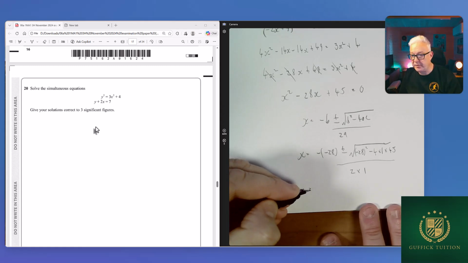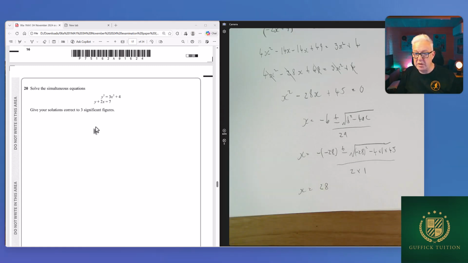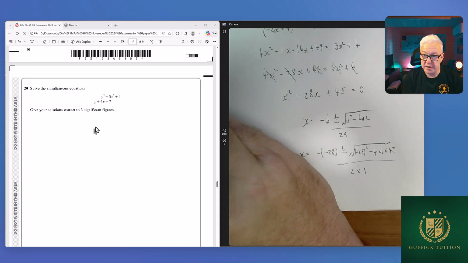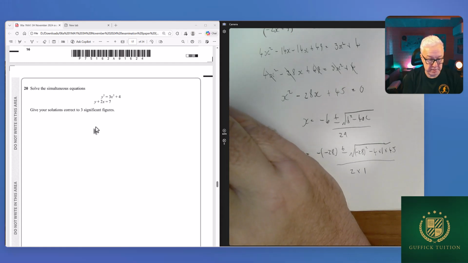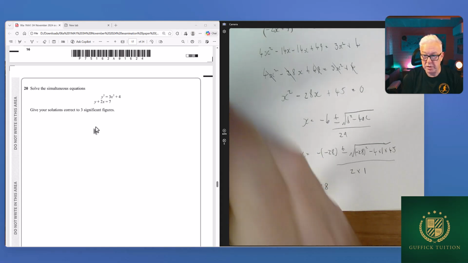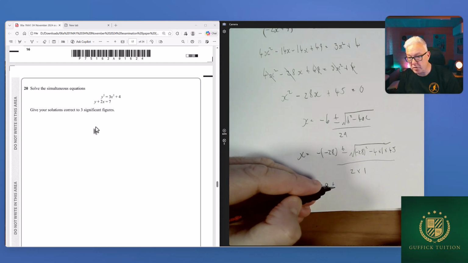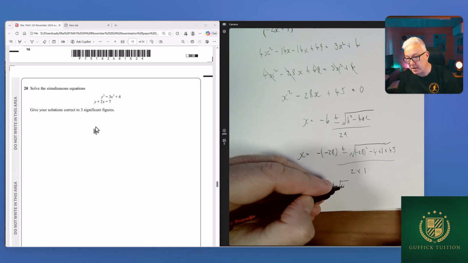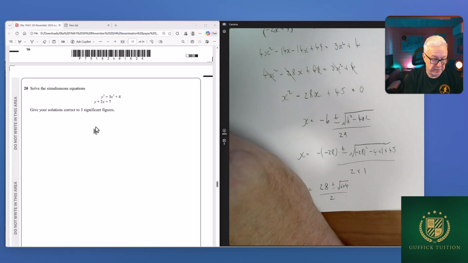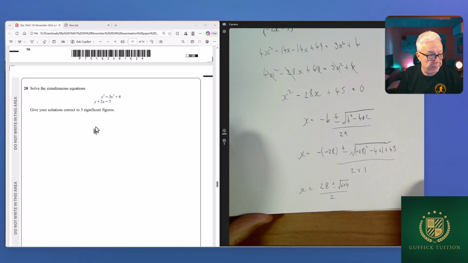So x is therefore equal to minus 28, which is just 28, and then we have 28 squared minus 4 times 1 times 45, which gives us 604. So we've now got plus or minus root 604 over 2. So root of 604 is 2 root 151.